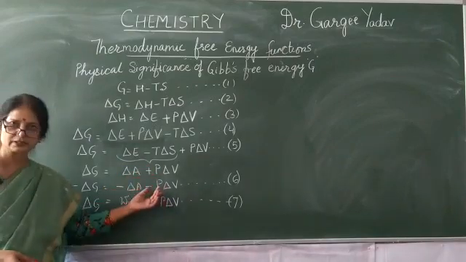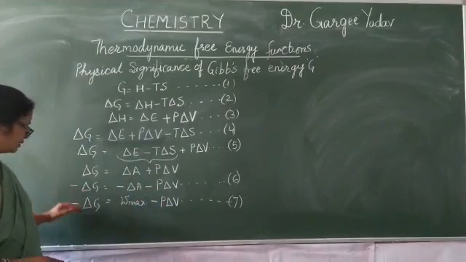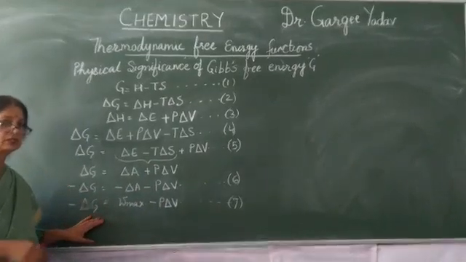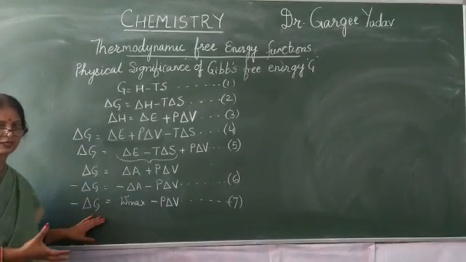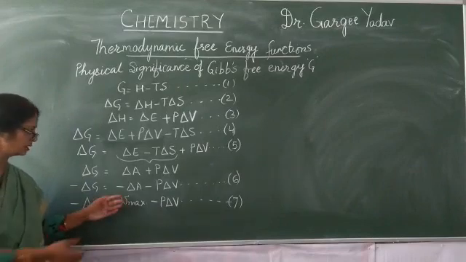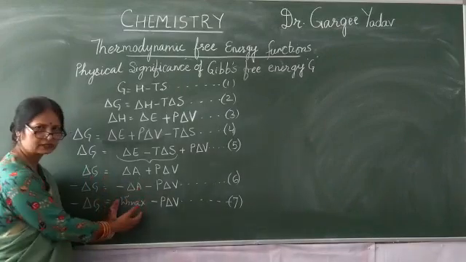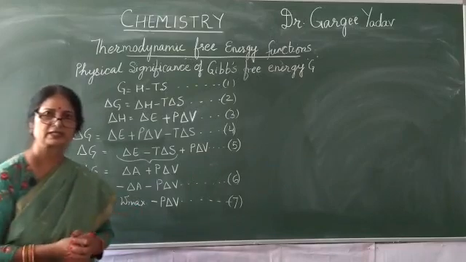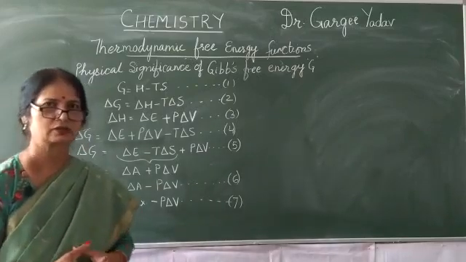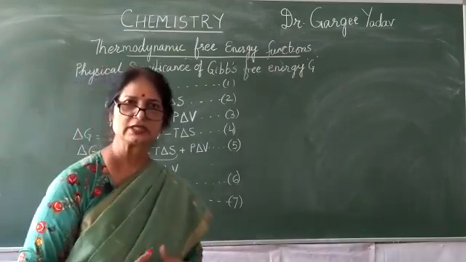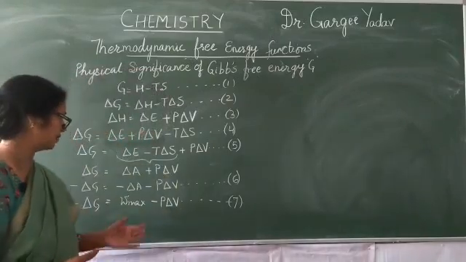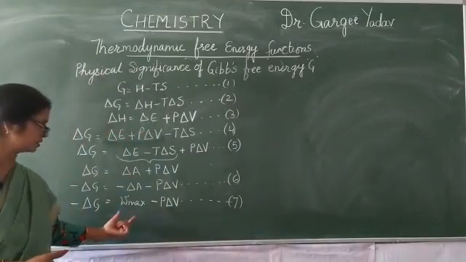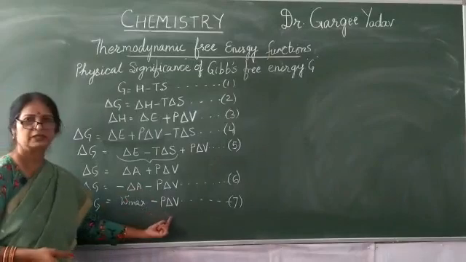We have equation number 6. So minus ΔG, the decrease in the free energy, will be W max. We have just now seen that the decrease in the Helmholtz free energy or the decrease in the work function is equal to the maximum work that can be obtained from the system, minus PΔV.